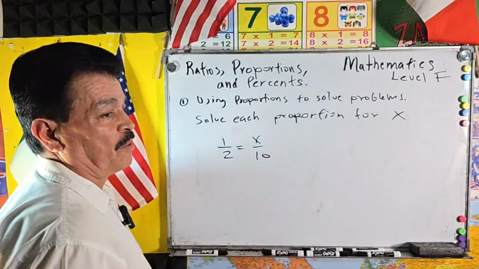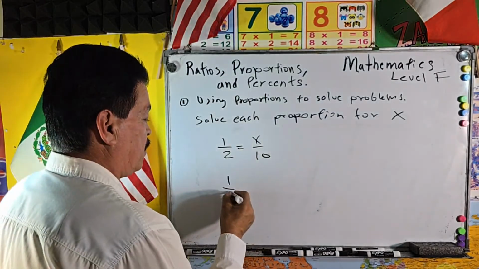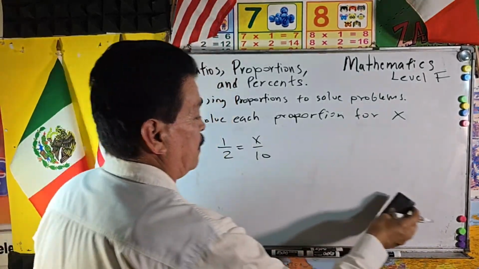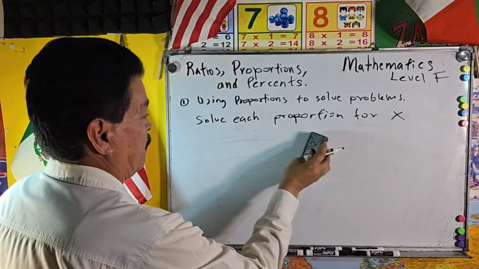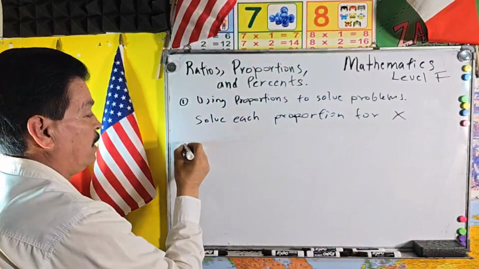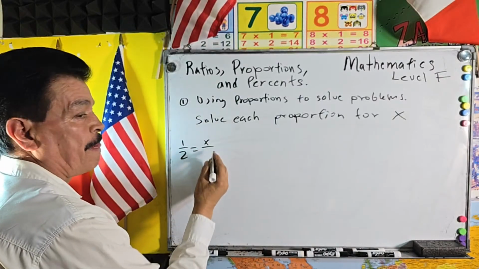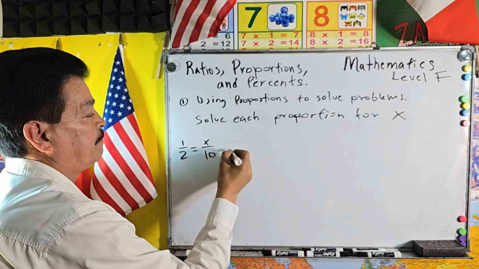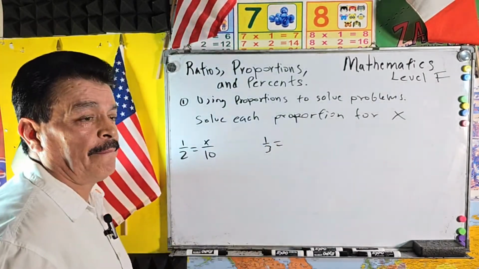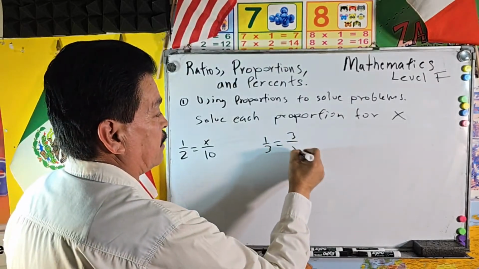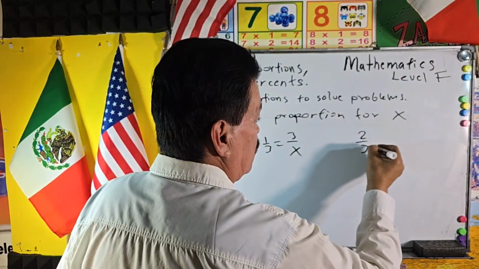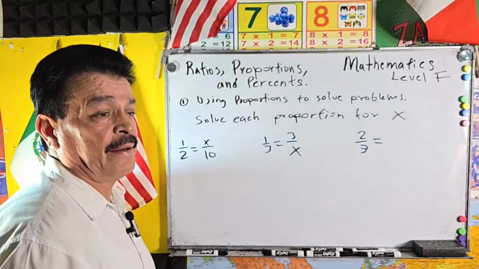This should be one problem. Next one, 1/3 equals x/3. Then 2/3 equals x/12.